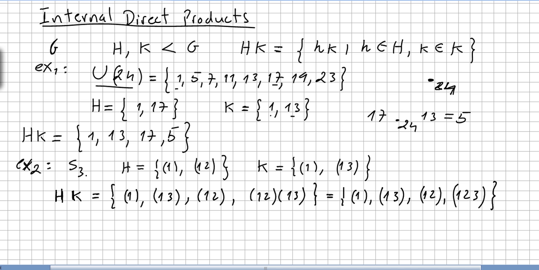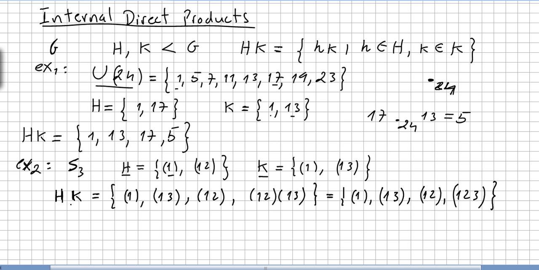Another example would be the symmetric group S3. I'm going to take H and K, two subgroups of S3. H will be, this is in cycle notation, the identity and the cycle (1 2), so 3 stays the same, and K is the set with the elements identity and the cycle (1 3).